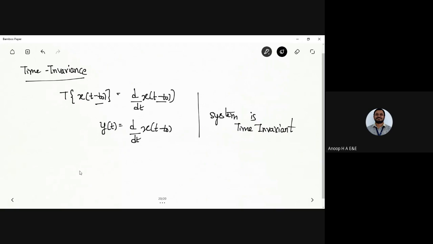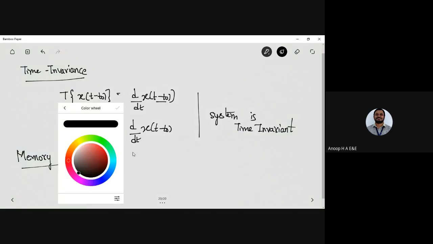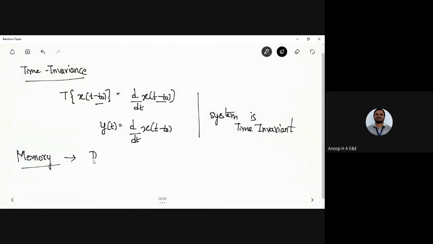Let us focus on the next property, that is memory. We are differentiating with respect to time. Whether it is an integrator or a differentiator, we are going to say that the differentiator has a memory, because we are differentiating with respect to time.